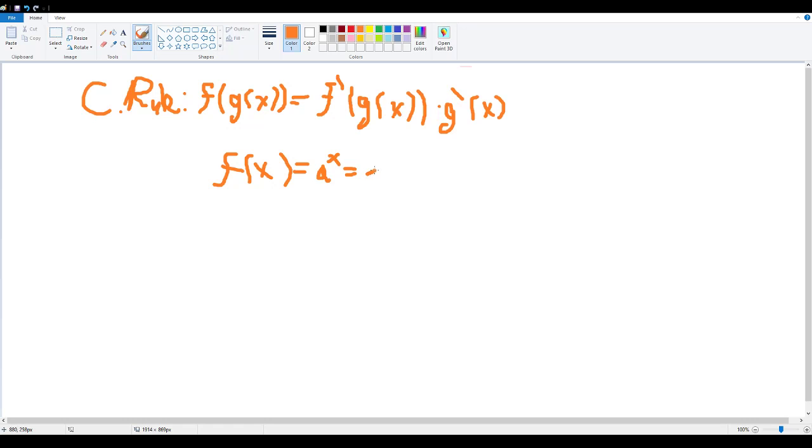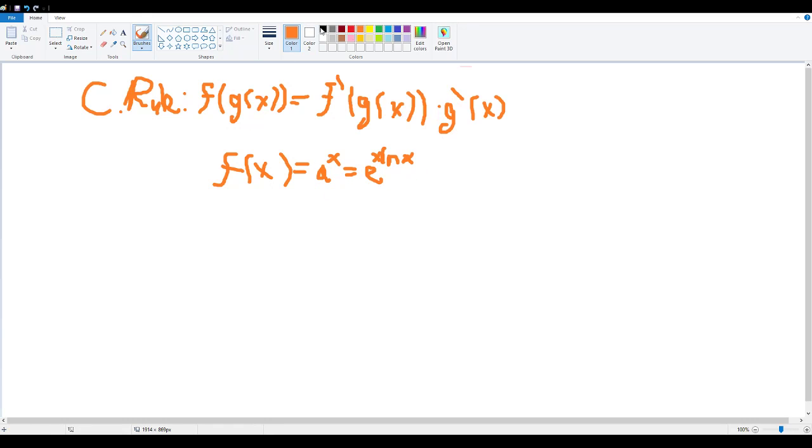We can rewrite this as e to the ln a times x. So let's just rewrite that as x ln a, right? So now, actually, yeah, that's perfect. So now we know that we can differentiate this using the chain rule and the fact that we've now proved that e to the x has a derivative of e to the x.